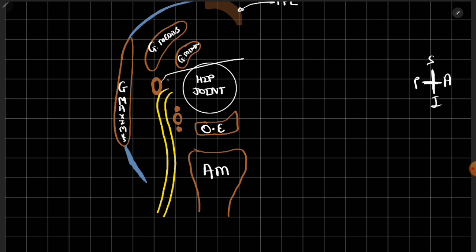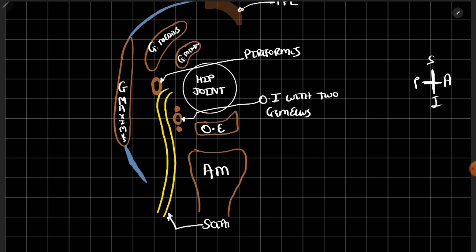So let me just label it: piriformis. This is the obturator internus with two gemelli. Okay, and this is our area of interest, the sciatic nerve.